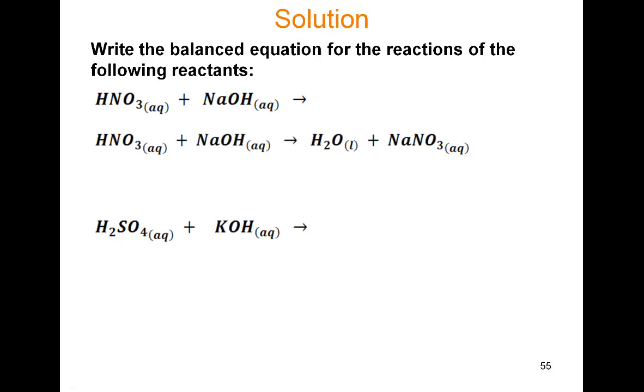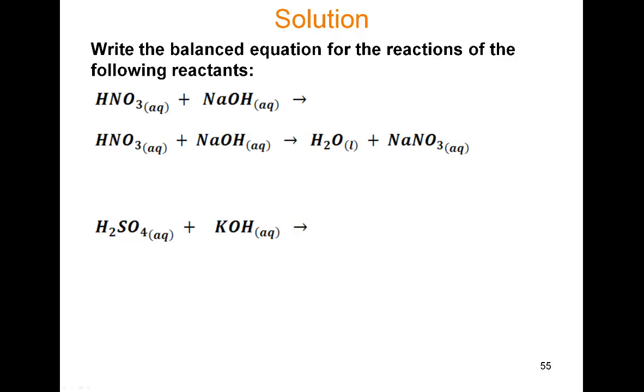If you look at the equation as it is written now, you can see that it's already balanced. We have 1 Na on the left, 1 Na on the right, 1 NO3 on the left, 1 NO3 on the right. We have 1 hydrogen in nitric acid plus 1 hydrogen in sodium hydroxide. That's 2 hydrogens on the left.